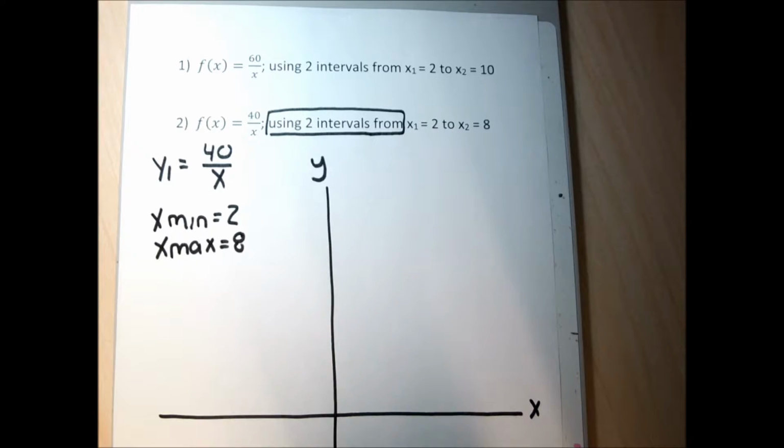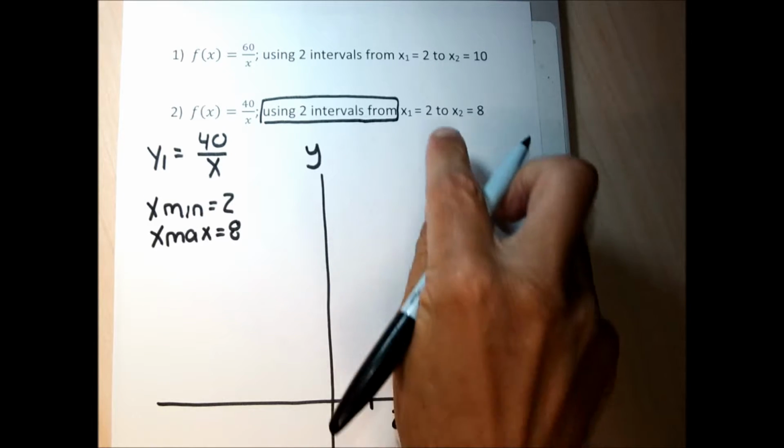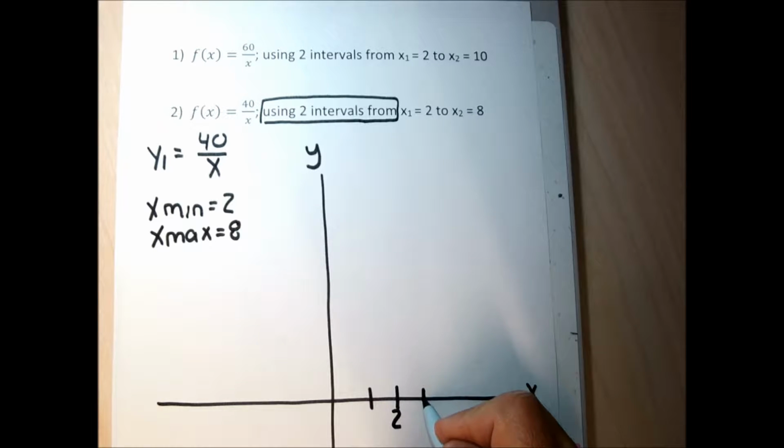Let me do some more drawing before I get to my calculator. Right now on my x-axis, I am only going to write the numbers 2 and 8. If I start writing more numbers, it's going to make it hard to follow. 3, 4, 5, 6, 7, 8.